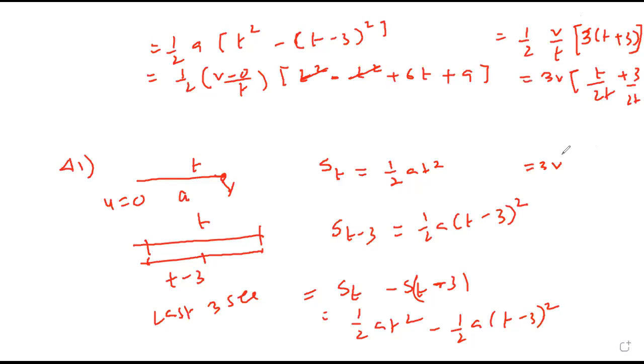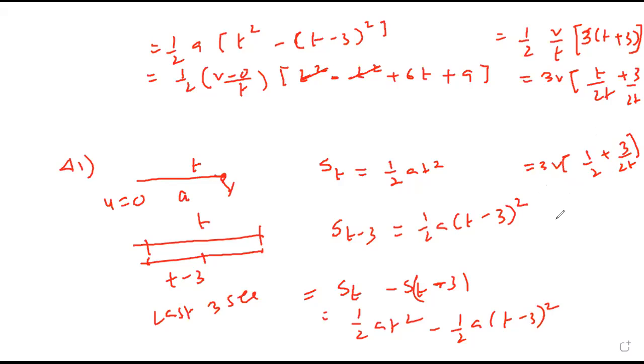Therefore 3v, into the first term will be 1 upon 2, plus 3 upon 2t.